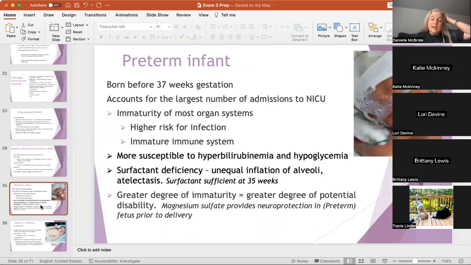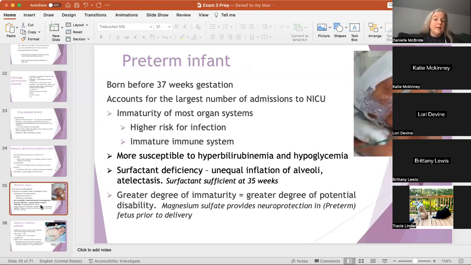Our preterm infants have a higher risk of infection and sepsis. What kind of things might I see if my baby had an infection? Fever. Actually not. It's kind of weird, but usually babies with an infection have temperature instability and they get cold.